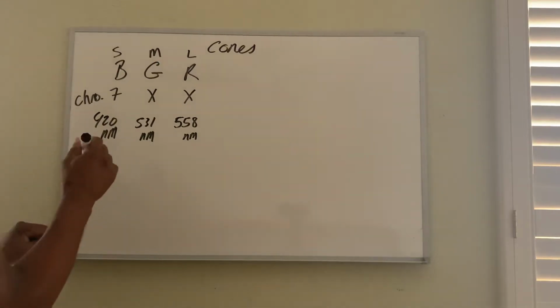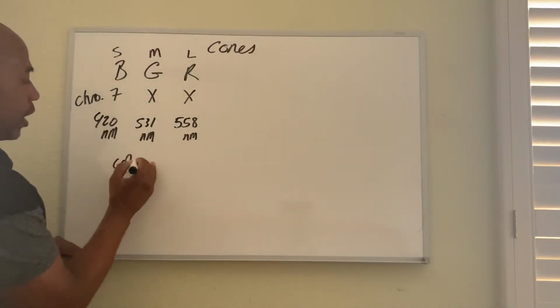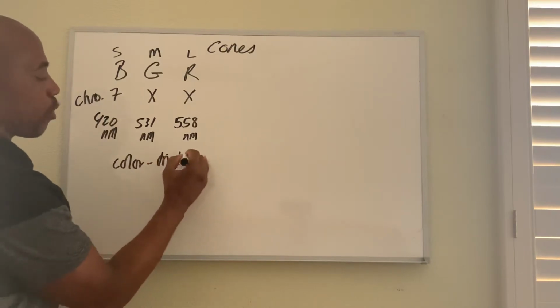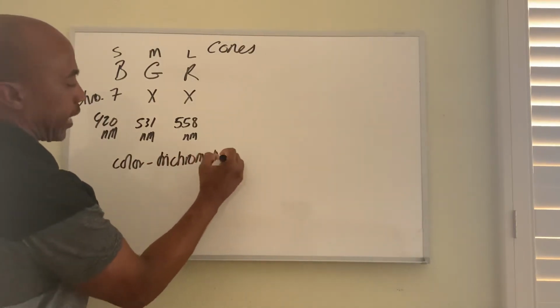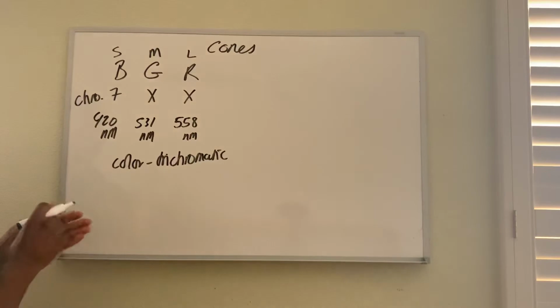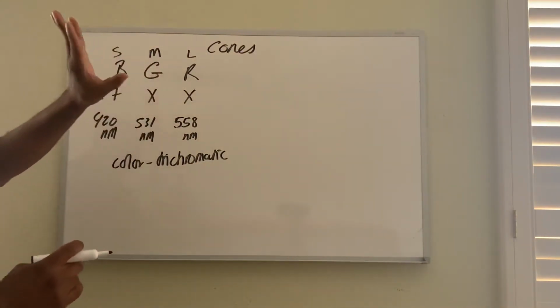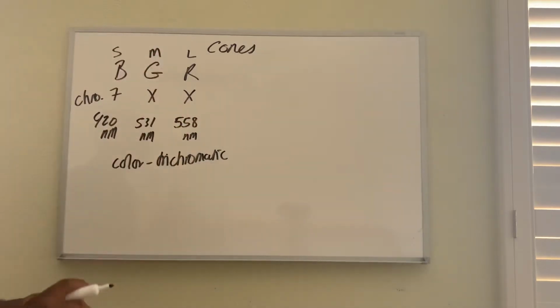And so the color you get is based on what's called the trichromatic color system we have, where the different levels of responsiveness of each cone give you a certain color perception. For example, the color of, say, violet.